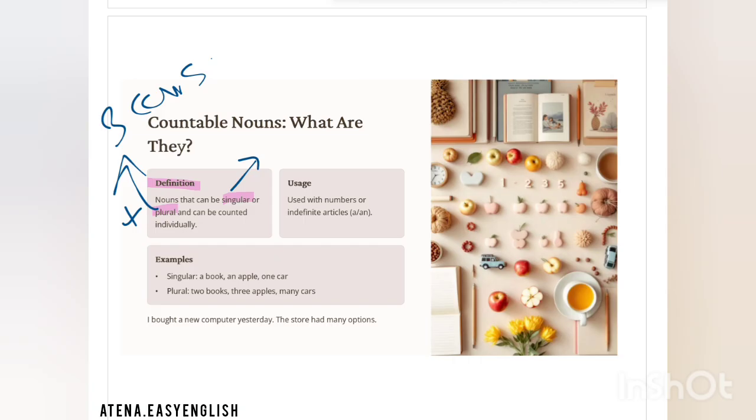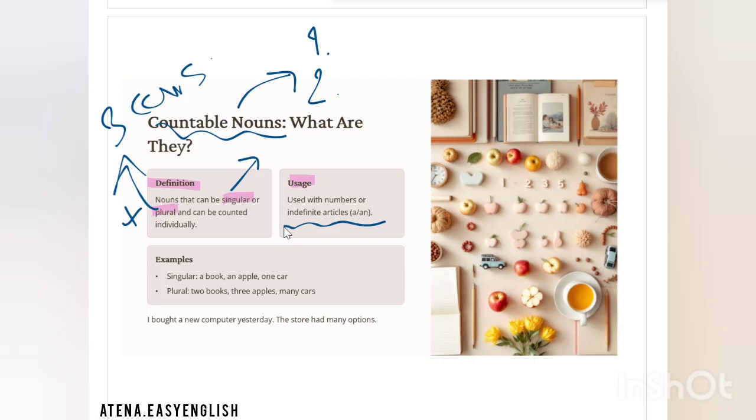Look at the next part, the usage. What's the use of the countable? They are used with numbers or indefinite articles. So we use countable nouns, one with numbers and two with articles.